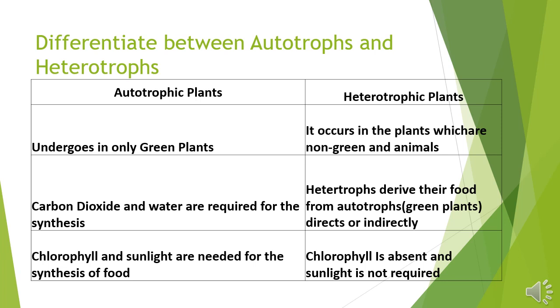Carbon dioxide and water are required for the synthesis of food in the autotrophs. And in the heterotrophic mode of nutrition, heterotrophs derive their food from green plants, or we can say autotrophs, indirectly or directly. Chlorophyll and sunlight are essential for synthesis of food in the autotrophs. But in the heterotrophs, chlorophyll is absent and sunlight is not required.